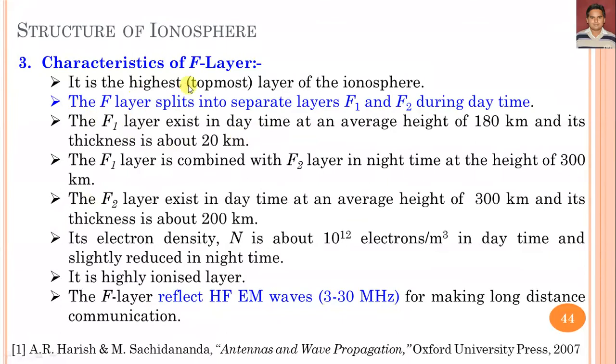Further, we are going to discuss the characteristics of the F layer, and it is the highest or topmost layer of the ionosphere. The F layer is split into separate layers F1 and F2 during the daytime.